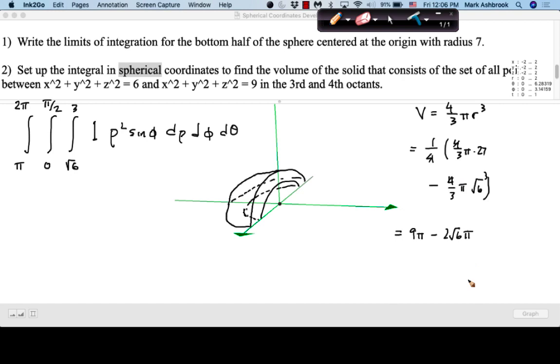Okay, so then recall that we set up the triple integral to do that, and we said if we want to use a triple integral to find volume, we're going to make our function 1, right? And then it would be dV, and dV we derived last time was rho squared sine phi, d rho, d phi, d theta.